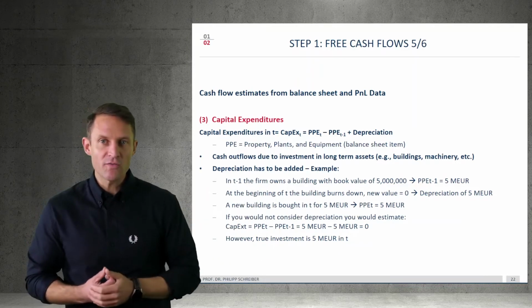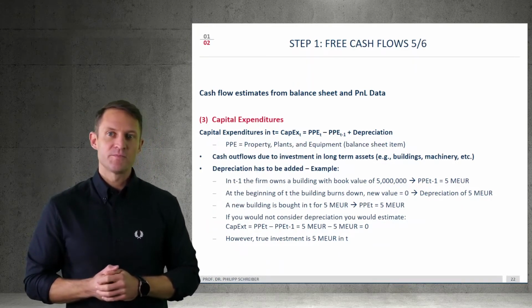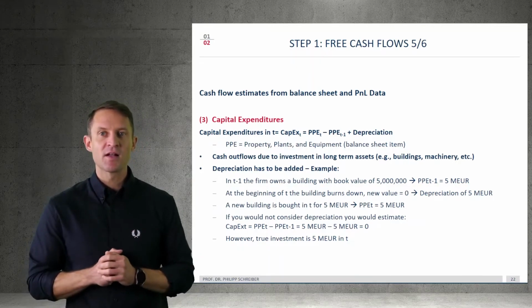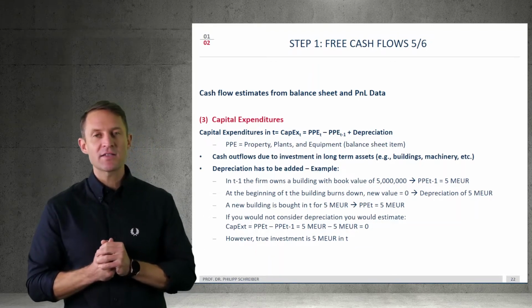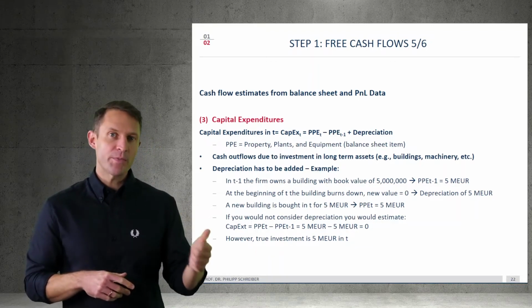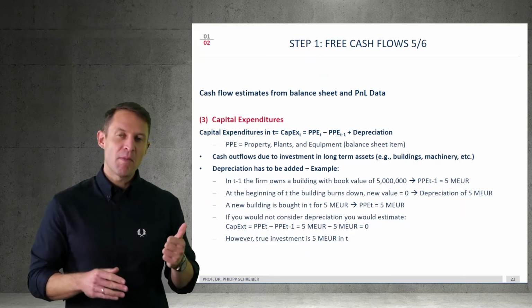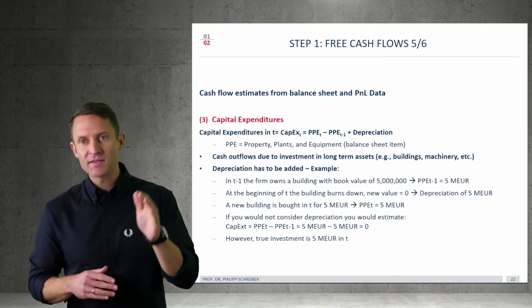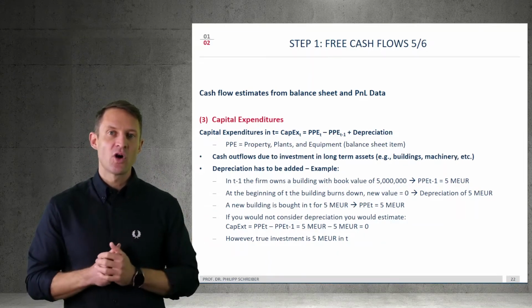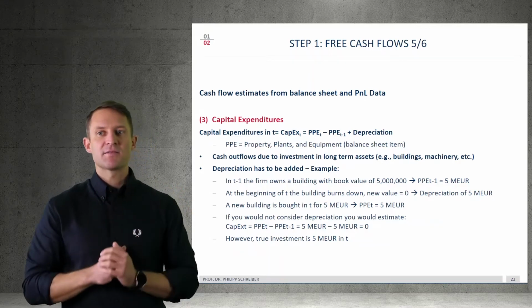And to account for that, you have to check the depreciation. So the capital expenditures, the money spent on long-term assets, is calculated as property, plant and equipment, PPE, in year T, minus property, plant and equipment in year T minus 1, plus depreciation. And then you know exactly how much the company spent on long-term assets.